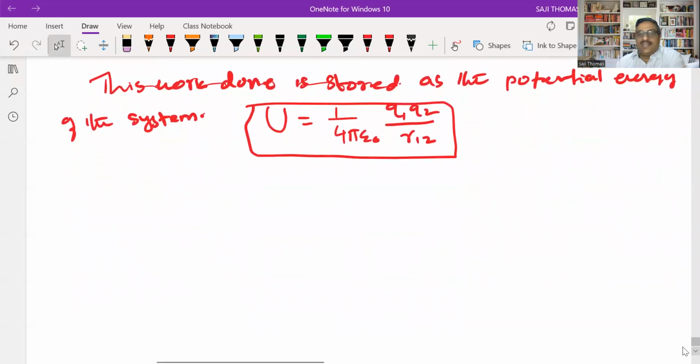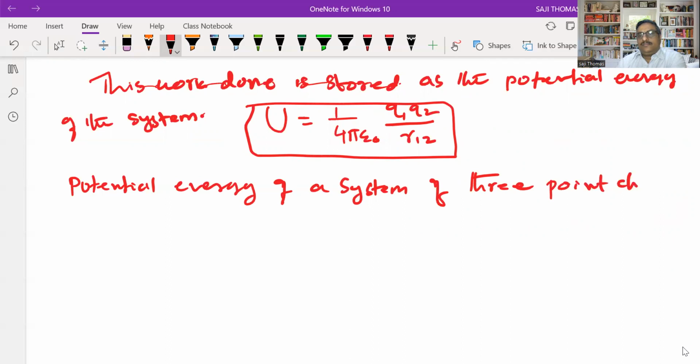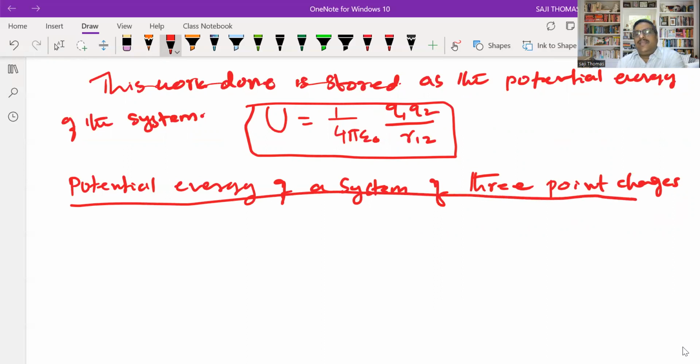Now I am going to find the potential energy of a system of 3-point charges. So next heading we can write as potential energy of a system of 3-point charges. So here there are 3 charges. We are bringing these 3 charges from infinity to the present configuration, and we are going to calculate the work done.